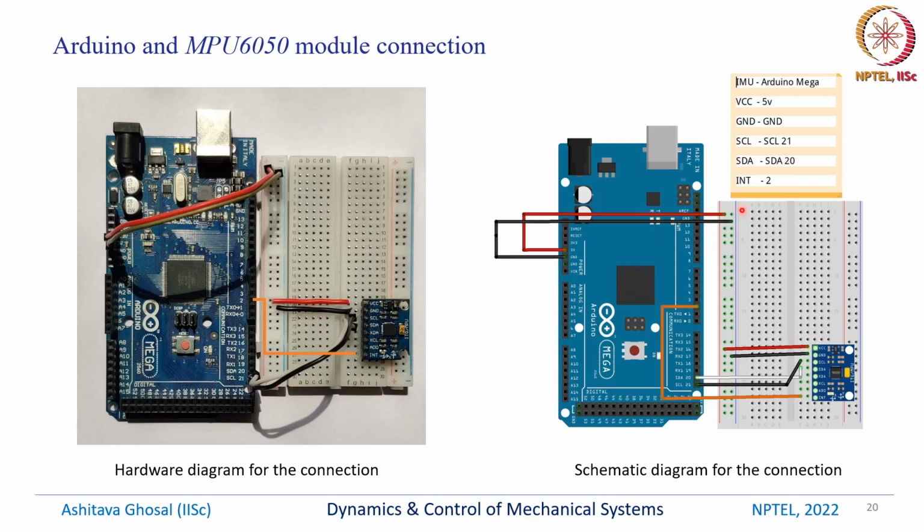Then this is the hardware diagram, and it also shows how to connect this MPU 6050 to the Arduino board, which input of the Arduino board is connected to which output and so on. Some ground is there, some VCC is there, and so on.